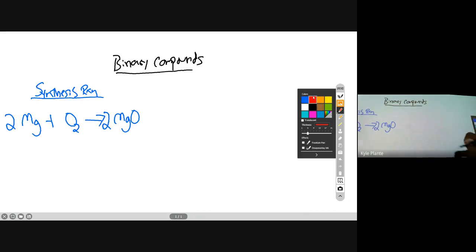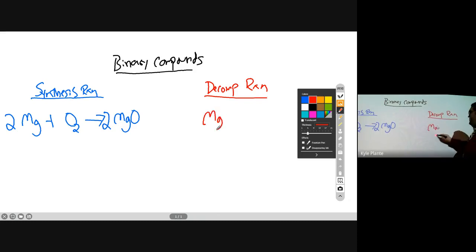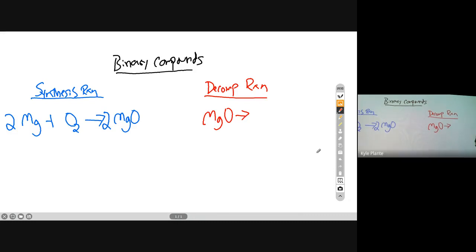The opposite of that is the decomposition reaction. In this case, you're just going to see this. This is a dead giveaway that we have a decomposition reaction because there's only one compound. And it's going to break down into its elements because there's only two elements in there. It's a binary compound. That's what the term binary means.